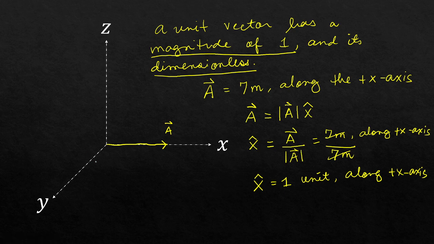The unit vector is here, just 1 unit along the x-axis, which is x hat. For the x-axis we use x hat, for the y-axis we use y hat, for the z-axis z hat.